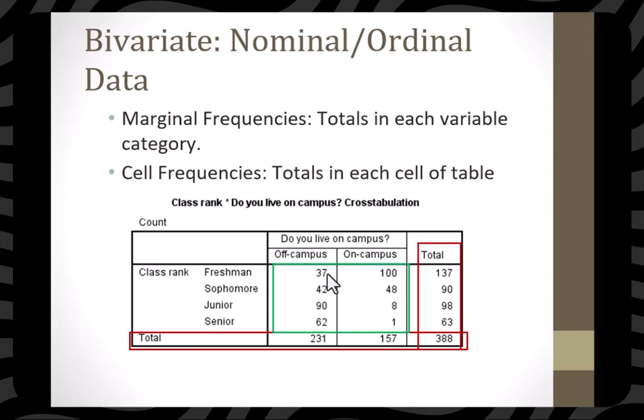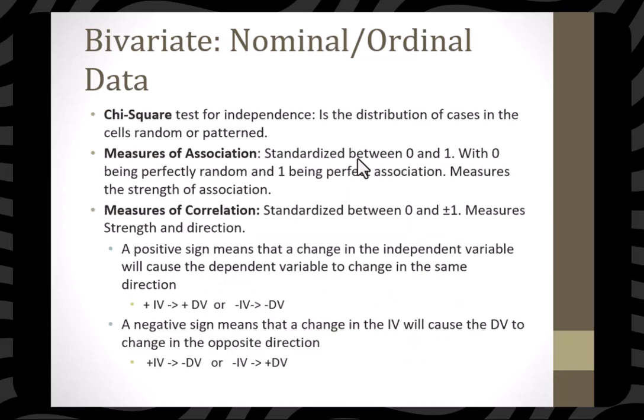In the middle here, we have the cell frequencies. So this 37 represents the freshmen who live off campus. 100 here represents the freshmen who live on campus. This 42 represents the sophomores who live off campus, and this 48 represents the sophomores who live on campus, so on and so forth.